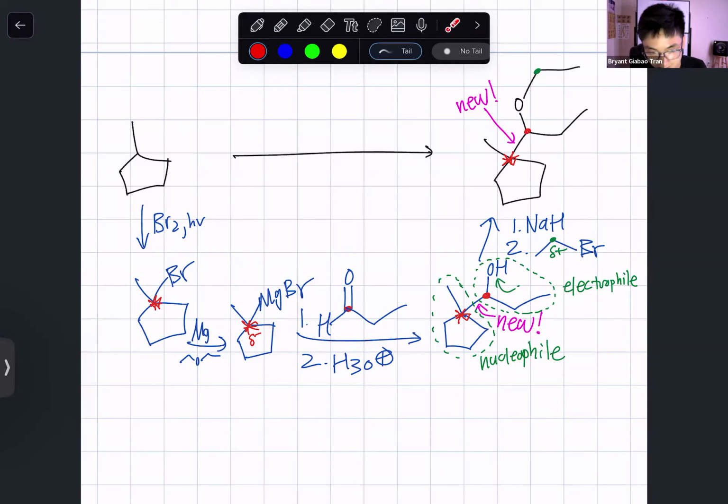I see. Yeah. So it does not have to only come from the arrow. It can also come from the reactant here. And the arrow could be the electrophile.